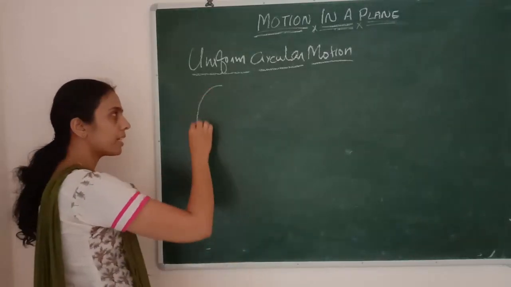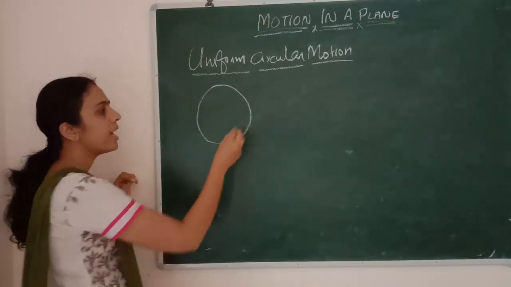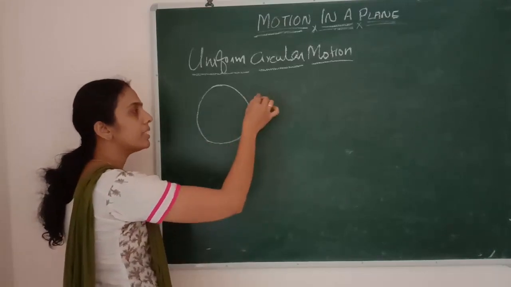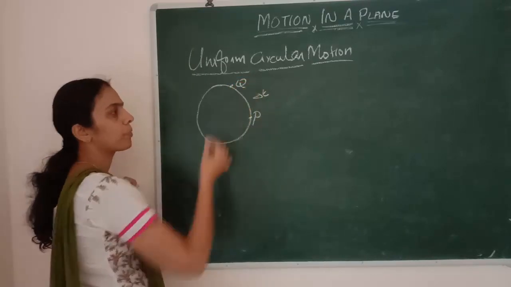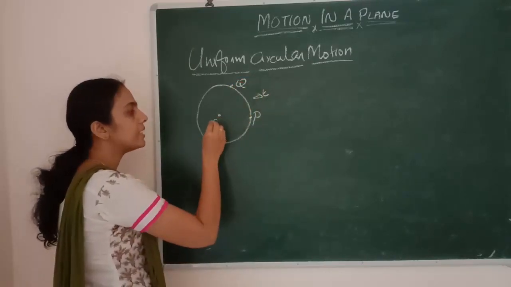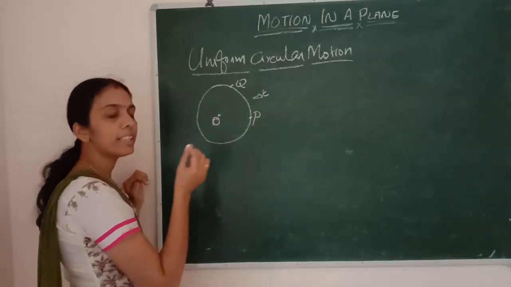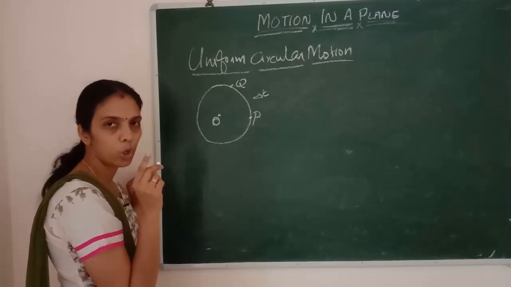For that, I am considering an object which is in circular motion. Let P be the initial point of the object, and after a time delta t, the object reaches the position Q. O is the center of the circular path. If I need to consider the position vector, O is the reference point or origin.